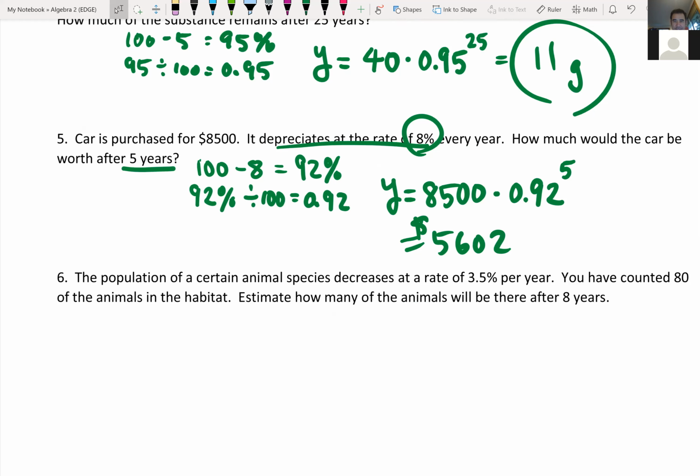The population of a certain species decreases at the rate of 3.5%. Not good for that species. And you count 80 animals in the habitat. How many animals will be left after 8 years? Okay. Let's go through that.